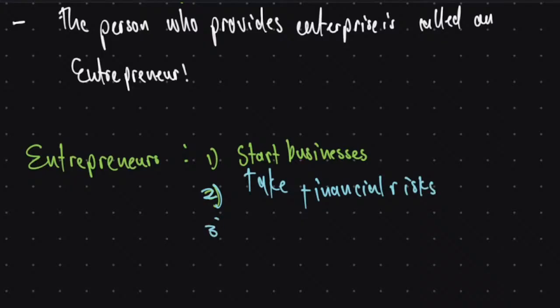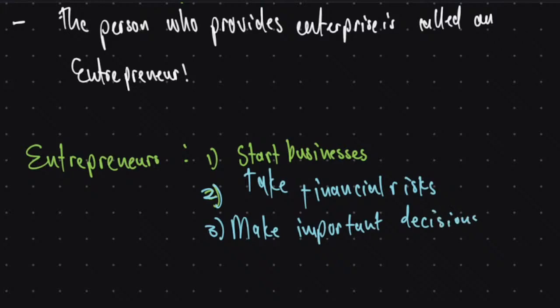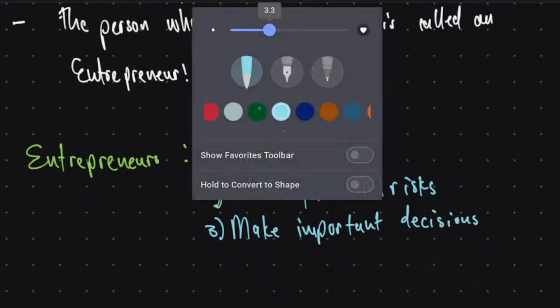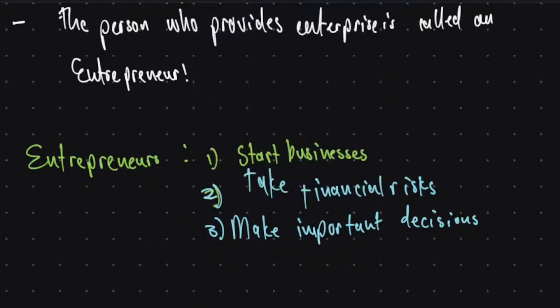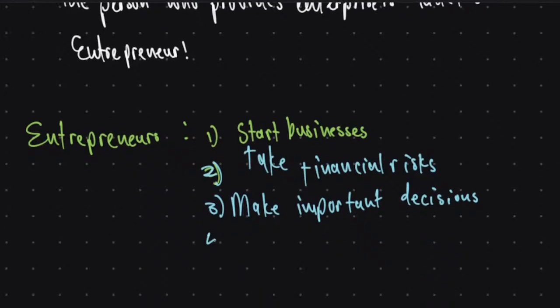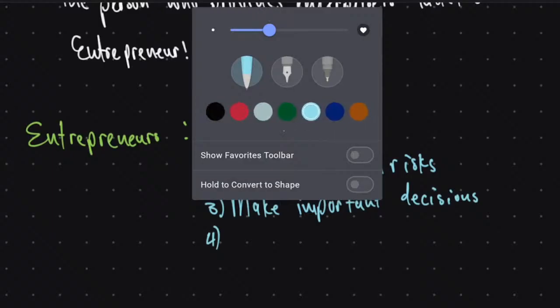Number three, they make important decisions. Okay, Alex? You need to be able to make what? Yes, you should, Alex. You're not running away from that. You're an entrepreneur, right? So you got to be able to do that. Take financial risks. Make serious decisions. Very important ones.